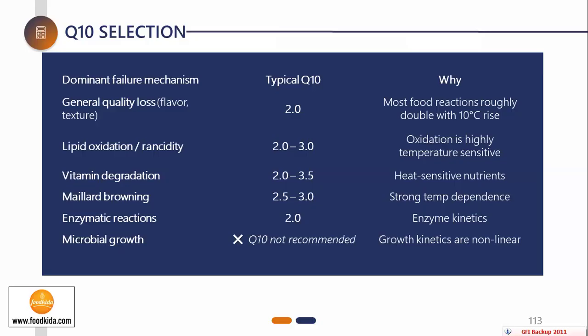Why? Because sunflower oil has more unsaturation. More unsaturation, more oxidation. If more is the oxidation, then your peroxide value will be high and it will turn rancid quickly. And that is why, where oil content is more, fat content is more, we use a typical Q value of 2.5.